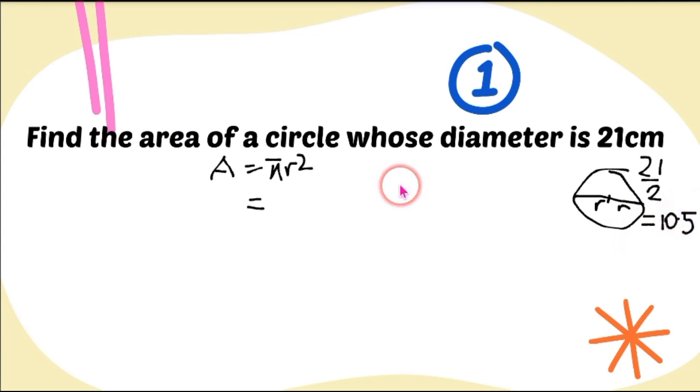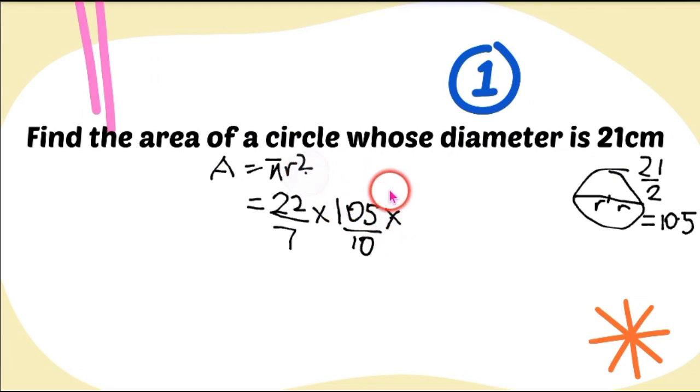Okay, so if it's 10.5, let's substitute that into the values in here. So 22 over 7 times 10.5, but I will turn that to a fraction. So 105 over 10, because of the one decimal place, and because it is squared here, I will also do 105 divided by 10 here.